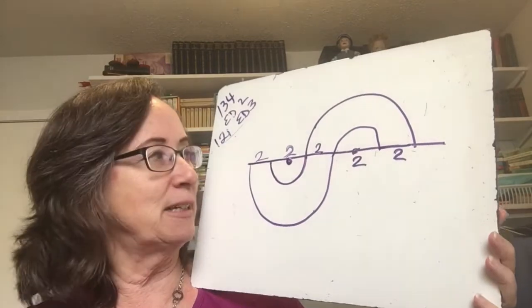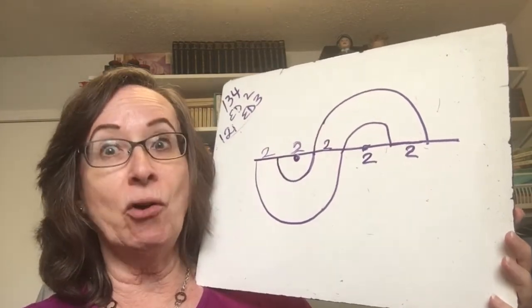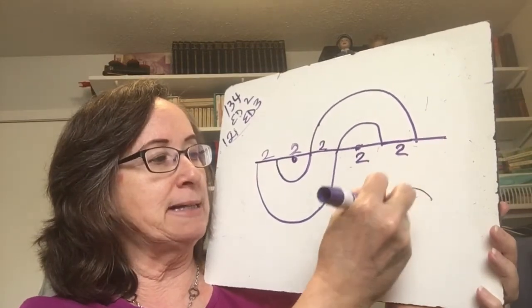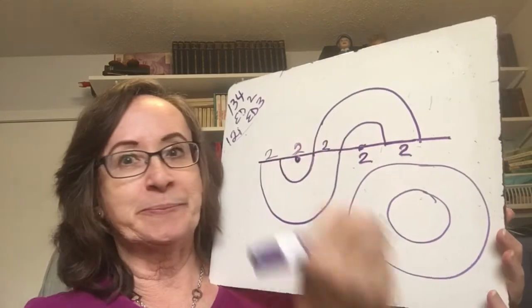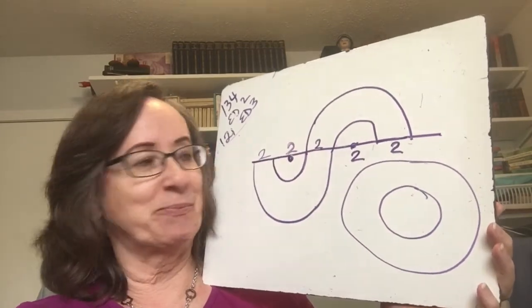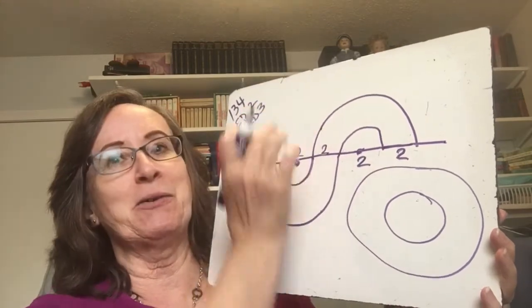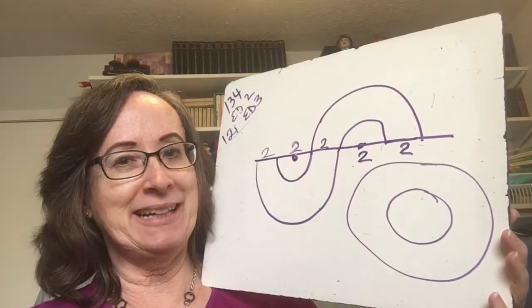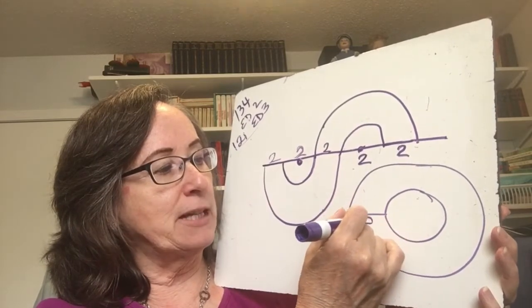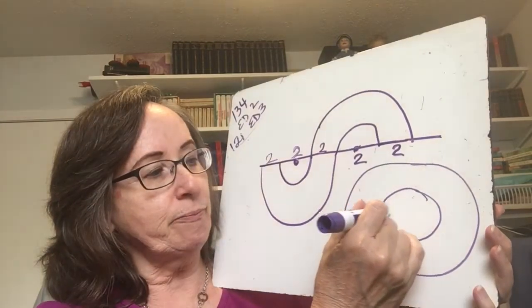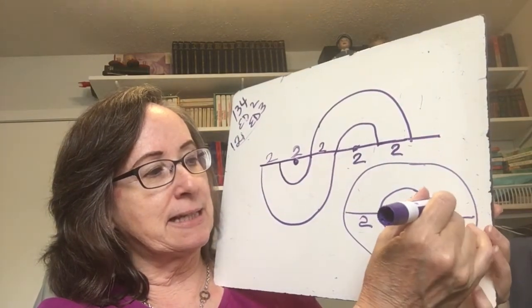In fact, if we twisted this around, we'd have a donut. So basically, we have a donut like that. Basically I'm taking this part and I'm putting it over here to complete the donut. And the donut is 2 here, and this distance here is 2, and this distance here is 2.